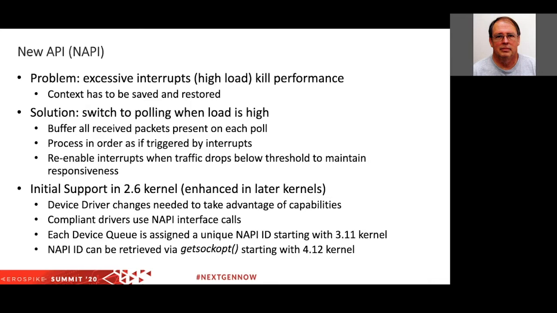So this is important. Like I said, it started quite a while ago and it's been enhanced many times. The most recent enhancement, starting with the 4.12 kernel, is very pertinent here: the new API has a thing called a NAPI ID, which is a way of naming the device queues. Starting with 4.12, through getsockopt, applications can get access to the NAPI ID.